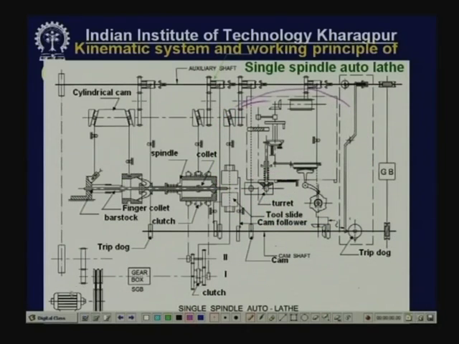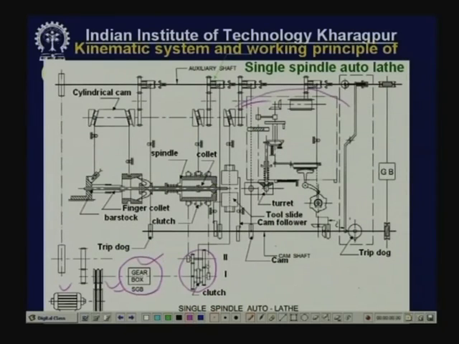First of all, the power comes from this motor to these gears through a gearbox and belt pulley system. As I told you, since it is a mass production machine, single spindle automatic machines or multi-spindle machines do not require many speeds, because the same job is done with a limited diameter. So maybe 2 or 4 speeds.